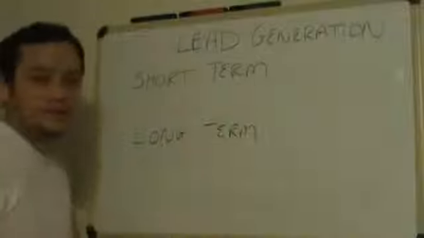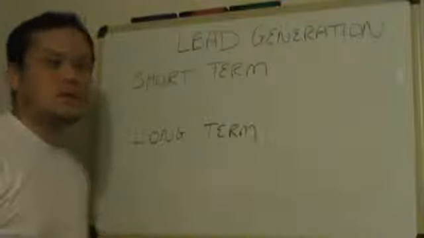Now, if you're in the market to promote something that more likely won't last for long, you want to do short-term advertising. Okay. It could be something like a fad product, for instance, a fundraiser that will last from January through March of the year, March of Dimes fundraiser, something like that.